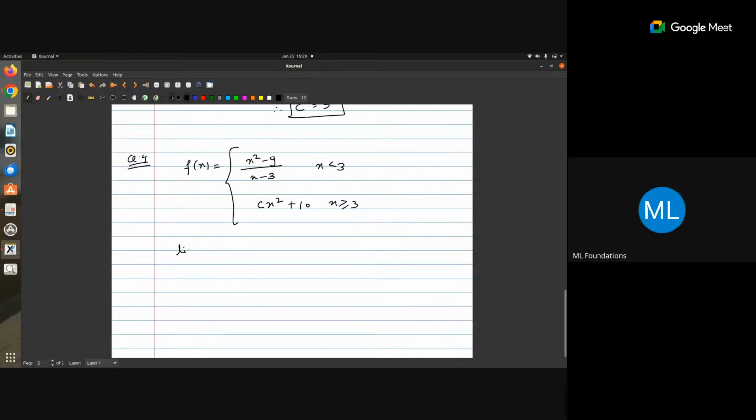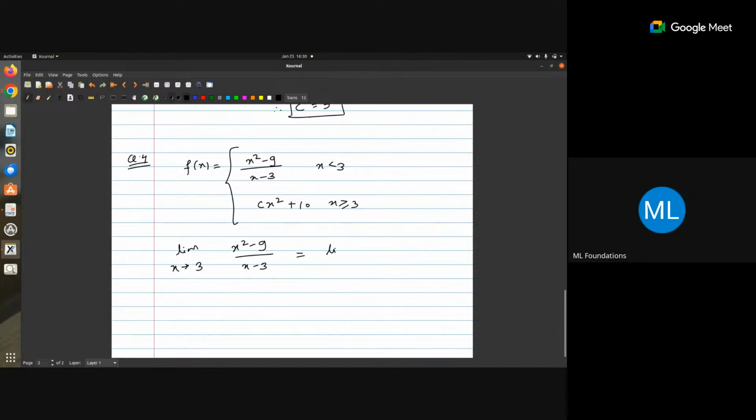So what is the case? Limit as x tends to 3. This will be the left hand side limit. Generally they use minus and plus; if you see it in books, they use minus for the left hand side limit and plus for the right hand side limit, 3 minus and 3 plus.